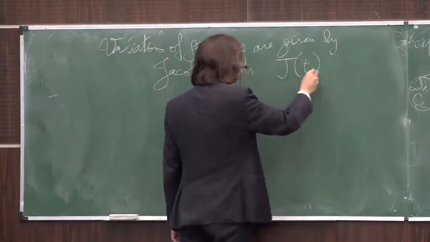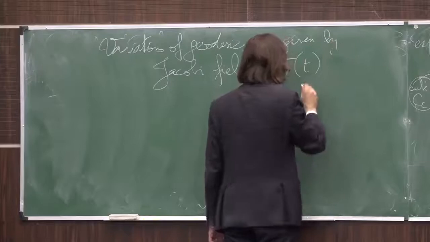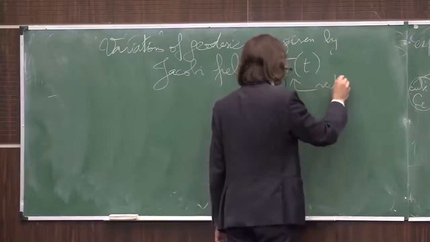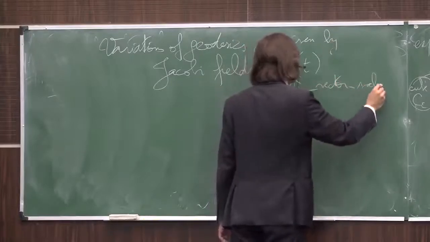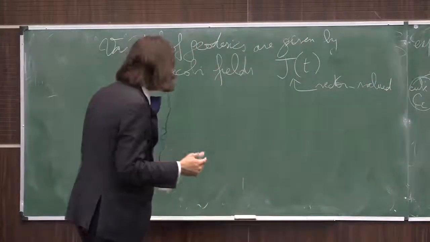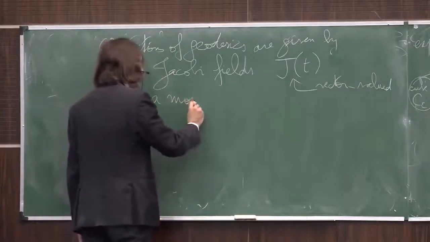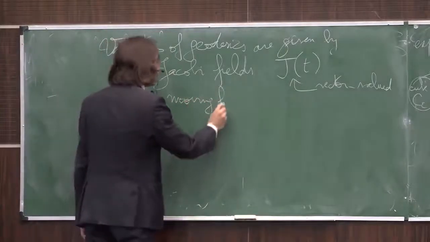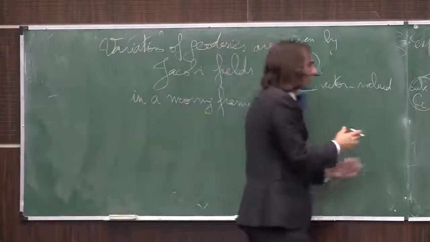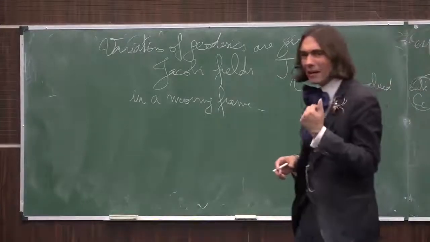These are vector-valued functions, and the equation is simplified when you look at this in a moving frame. Moving frame meaning that you go along the geodesic and you change your frame of reference as you go along the geodesic, and you change it in a parallel way.